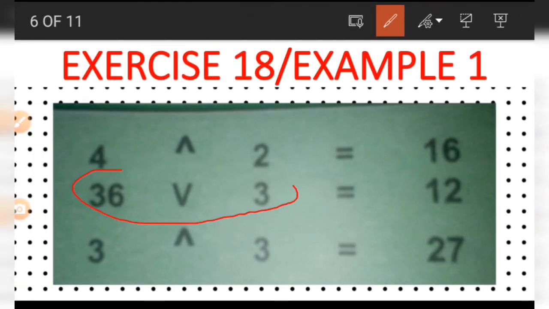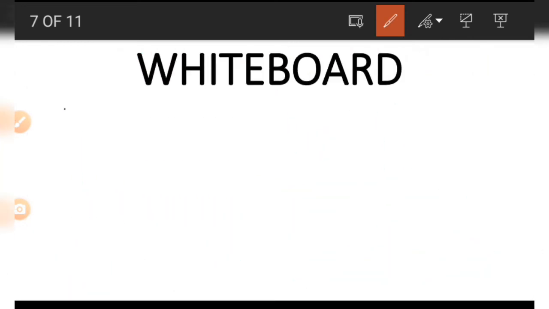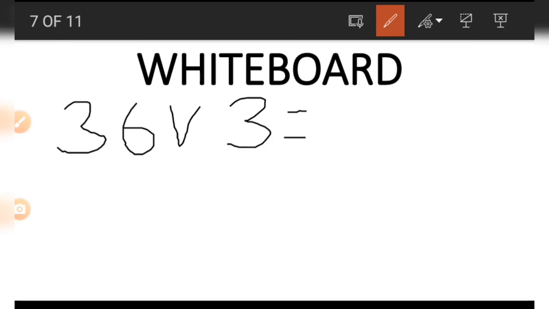Now let's look at the second line that has 36 normal V 3. The result is there also, but let's see how this can work. 36 normal V 3. But we said the V represents division.